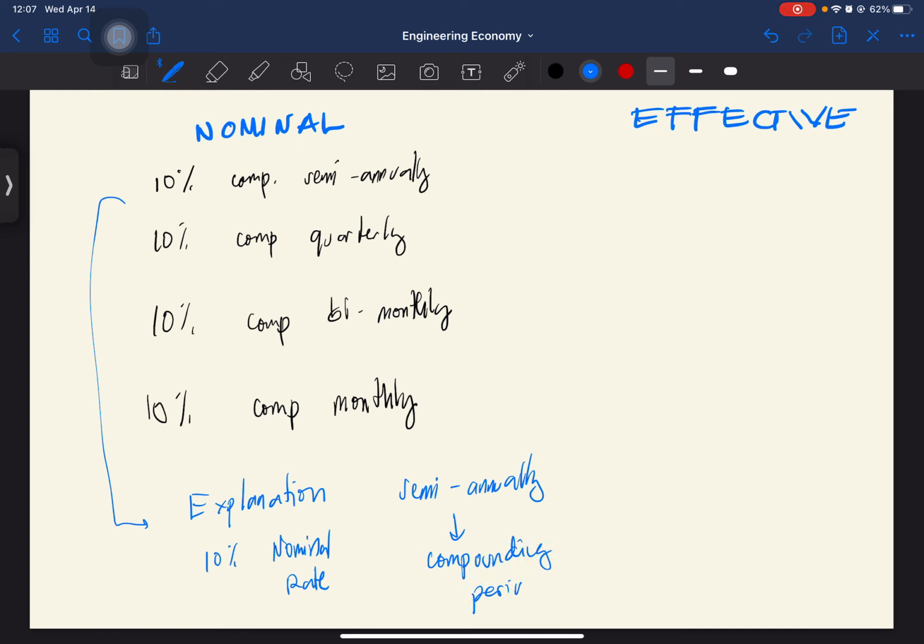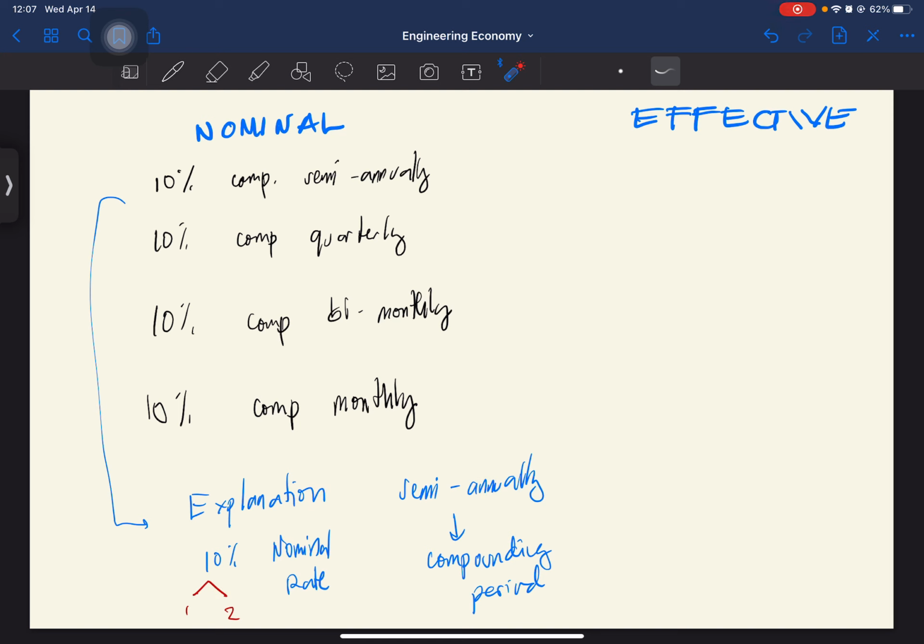Ibig sabihin, your money is compounded every half a year. Tama ba? So, ibig sabihin nito, sir, 2 beses mako-compound ng 10% ang pera mo sa isang taon? Hindi. Gagawin mo ganito. Yung 10%, hahatiin mo yan sa 2 because you have to do this 10% twice a year. Kasi ang sabi, the compounding period is semi-annually. Okay? So, you have to split that 10% into every semi-annual.